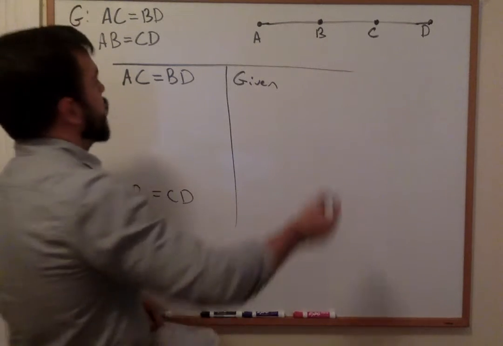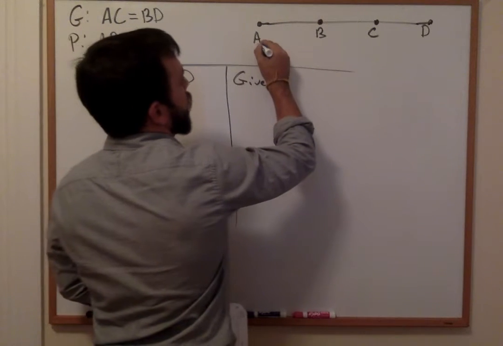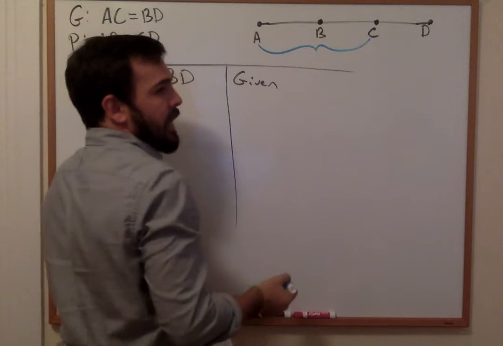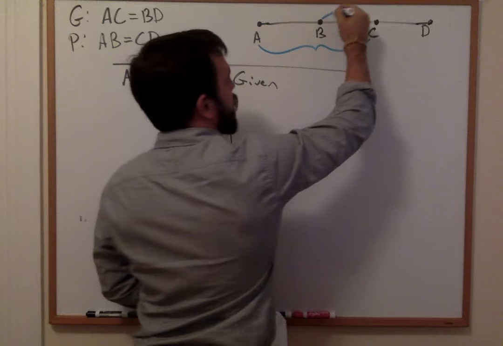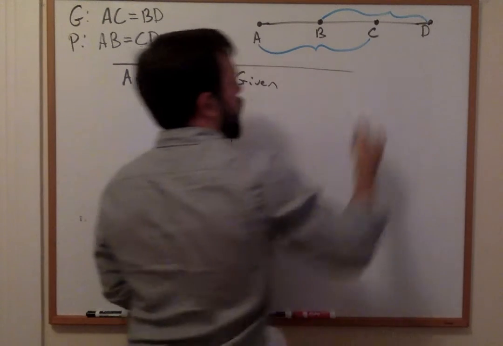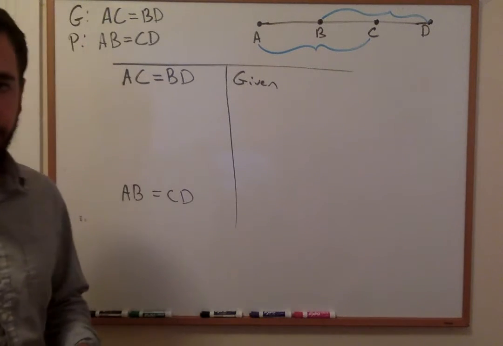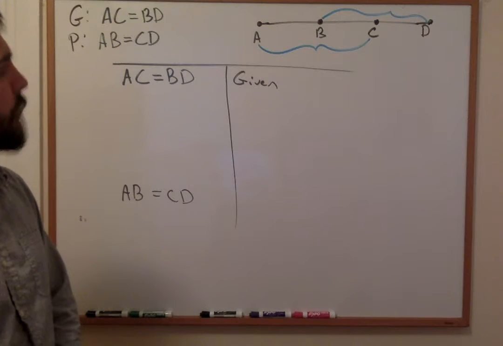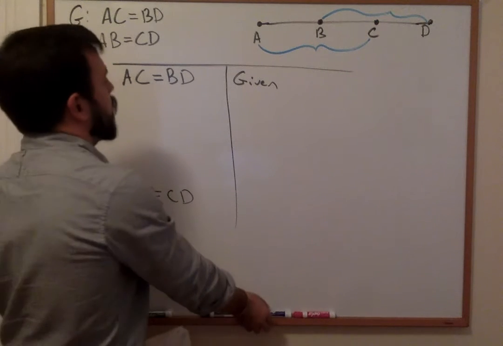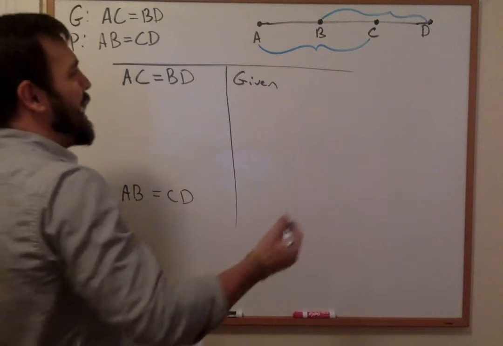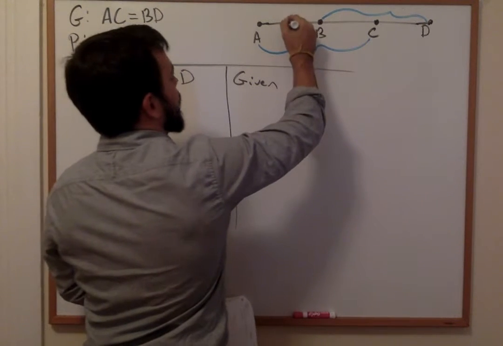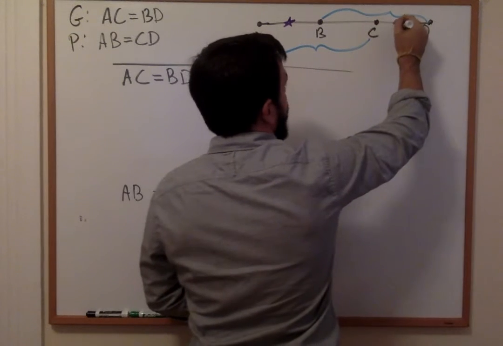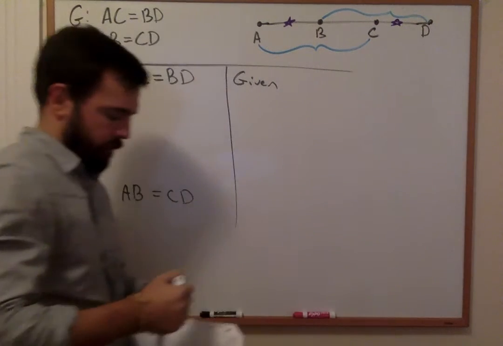I'm given that the measure from A to C is equal to the measure from B to D, and I need to prove somehow that segment AB is congruent or equal to segment CD.